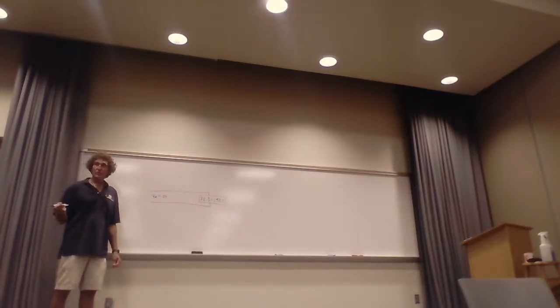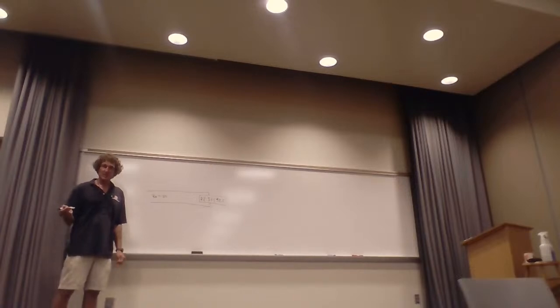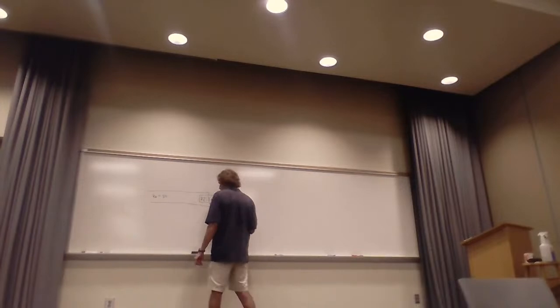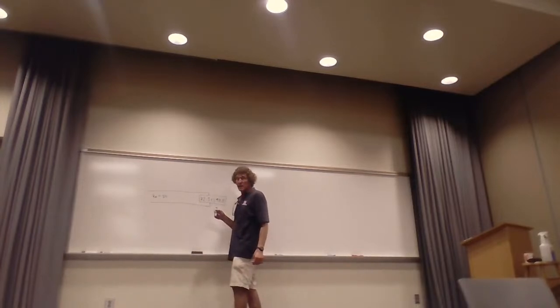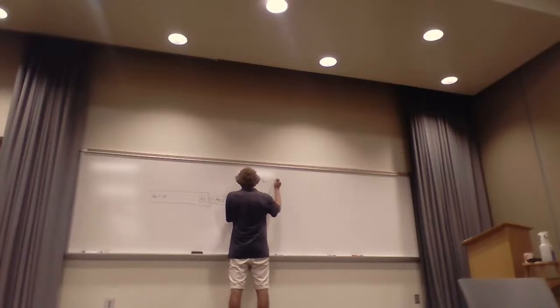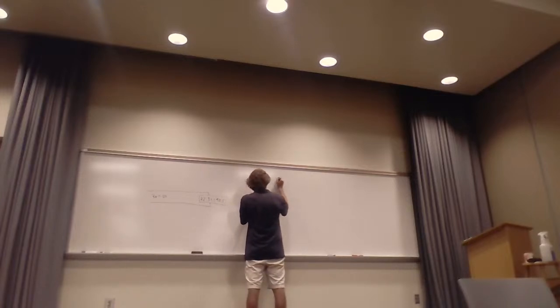Okay, now when you do stub matching, the first thing you do, any kind of stub, and this is an open circuit, right? It says shunt stub matching. I think so. All right, so the first thing we do is find out what the normalized load impedance is, and that's simply ZL over Z0.